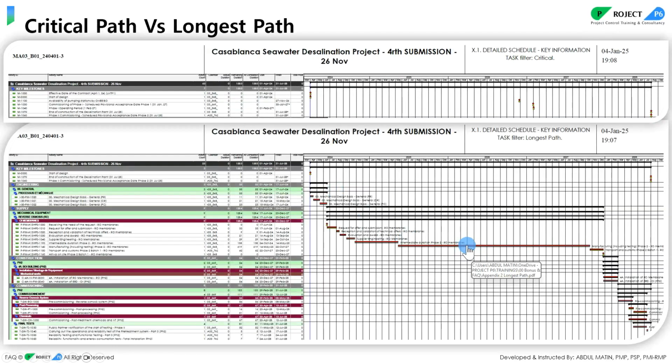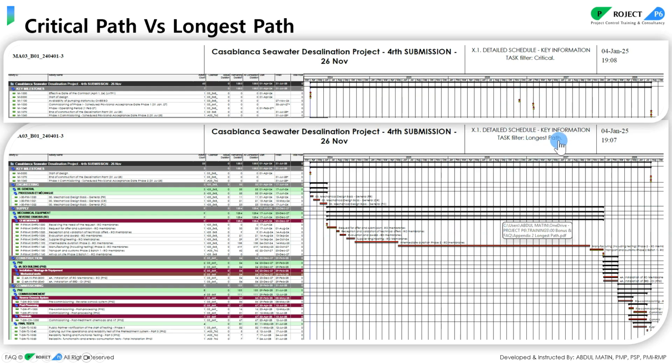And if I go here, this one is also with constraint, availability of pumping station by this one, it is also put here the constraint. So all these are related to the date constraint.